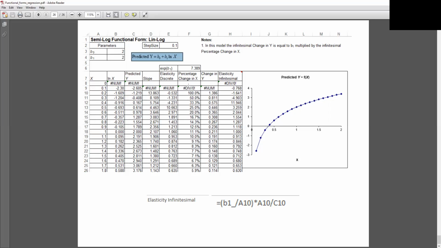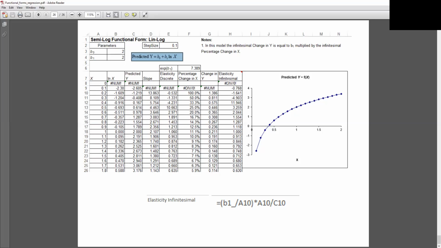So this is the percentage change in x. Then we have the change in y. We can also find the change in predicted y, the additional change in y. That is minus 1.219 divided by minus 2.605 divided by minus 1.2.